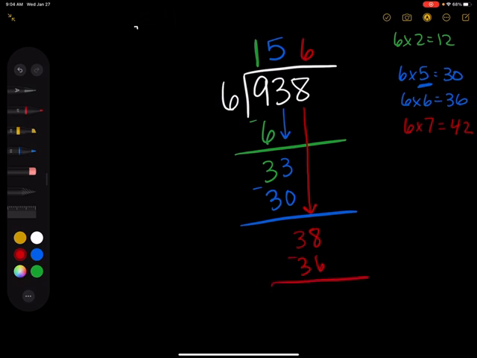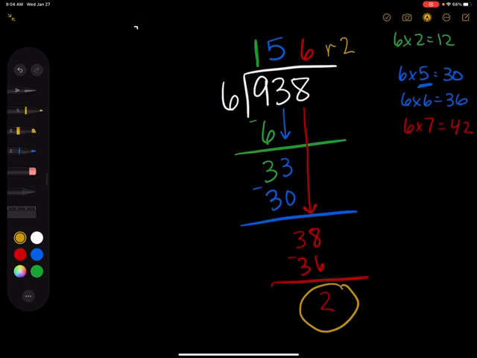We're going to subtract. Okay, we've got 2 left over. Now, there's no more numbers to bring down. So just to make sure, I'm going to ask myself, can I put a group of 6 into 2? I cannot. Okay, so 2 is going to be what I have left over. That's going to be my remainder.